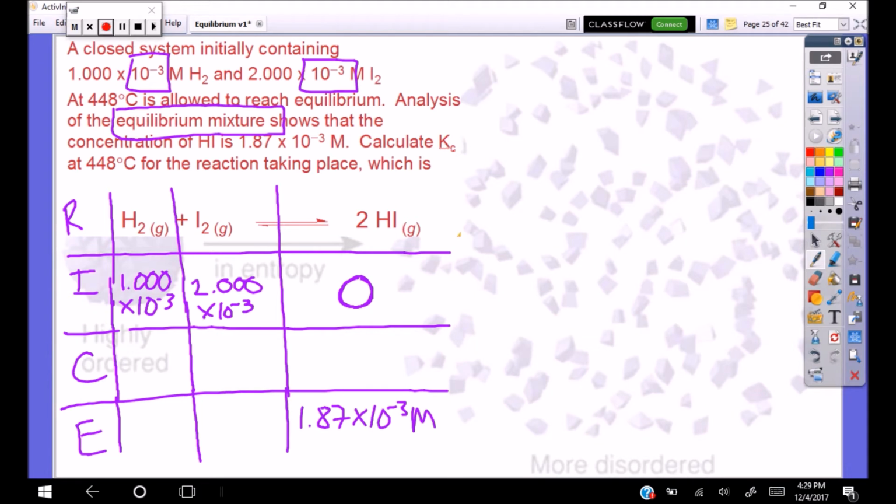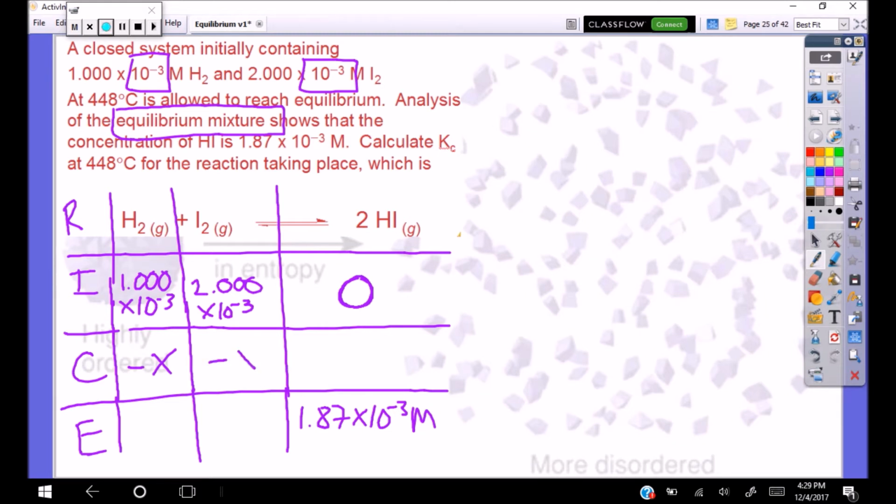All right, for C, we need to figure out our change in concentration. Our change in concentration is proportional to our balanced equation. If we look at the moles, we know we're going to use some amount of H2. We're going to call that X. We know that's going to be proportional to the same amount of I2 that we use because it's a 1-to-1 ratio.